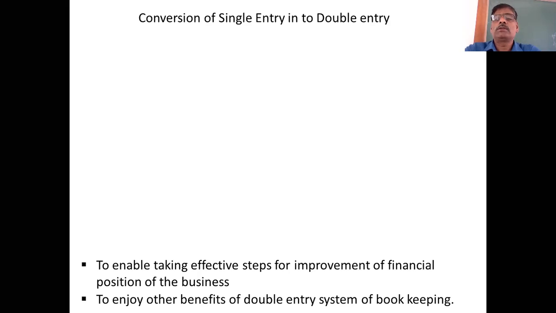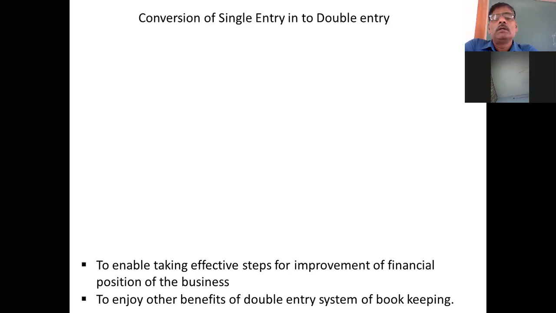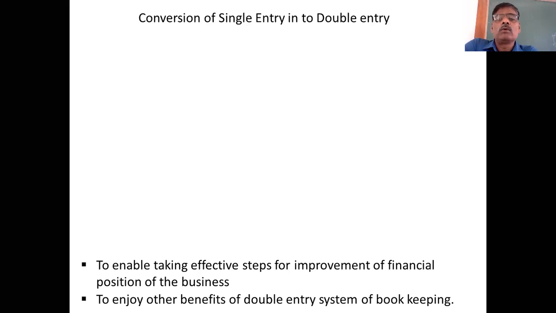One is for recording the trade debtors and trade creditors. Another is for recording cash transactions. One is the cash book, another is the subsidiary book, debtors and creditors. So, if a trader maintains two books, that is called simple single entry system.